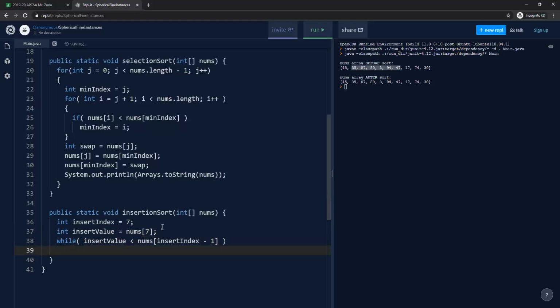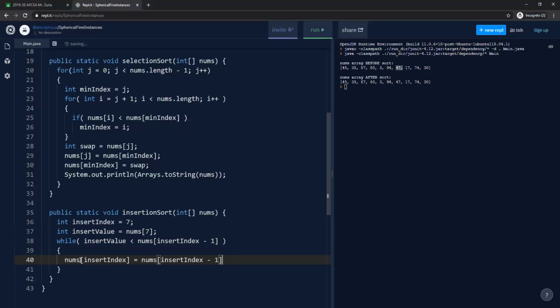If the insert value is smaller than the number to its left, in this case the 17 is smaller than the 47, I'm going to move that 47 to the right to make room for the 17 to come to the left. So that would mean that nums at insert index will be replaced by nums at insert index - 1, the number to its left.